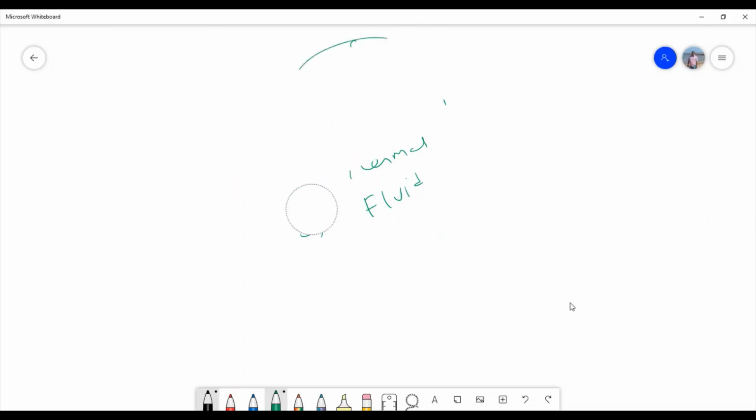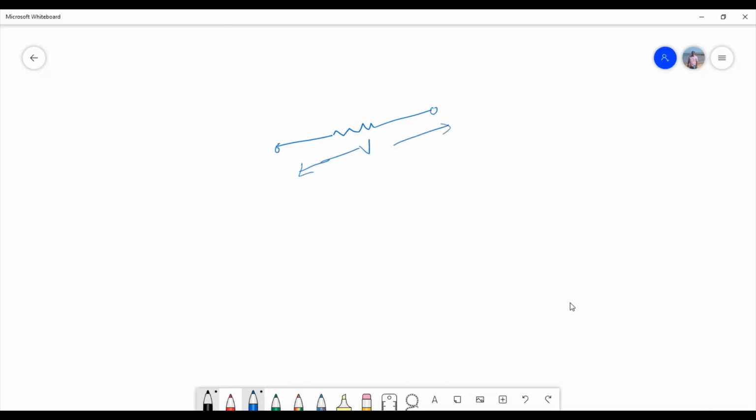To understand, let me start with electrical resistance. So we all know that if you take a resistor, when I maintain a potential difference V volts between these two, R is the resistance, then I current will flow.